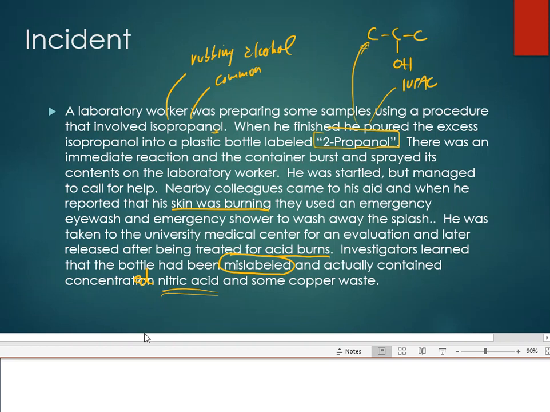Make sure that you're using the proper containers, and make sure that you are not confusing what chemical goes where. Because if you do this, this incident can happen all over, and you can make someone else go to the hospital over a mistake that you have done in the laboratory.